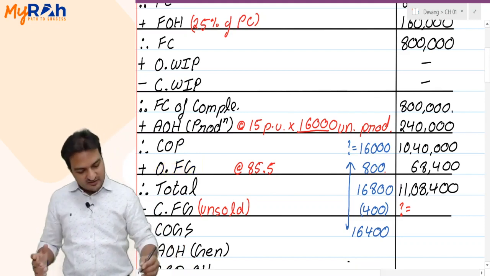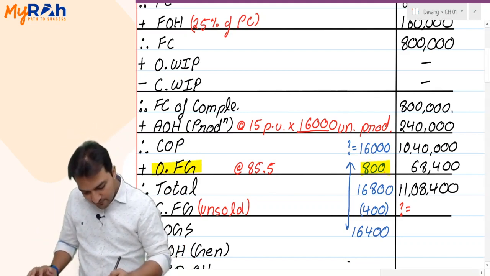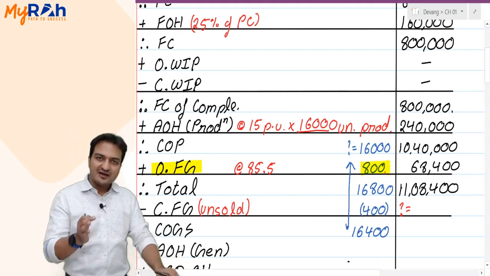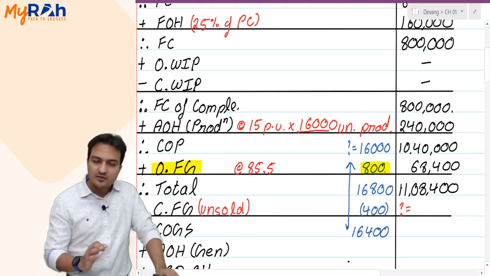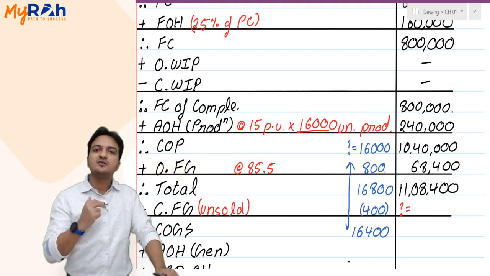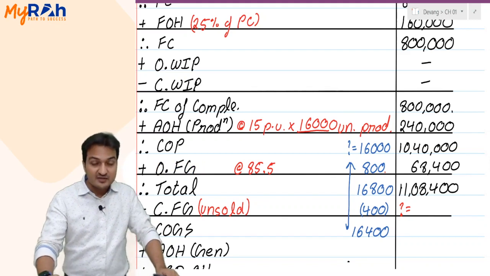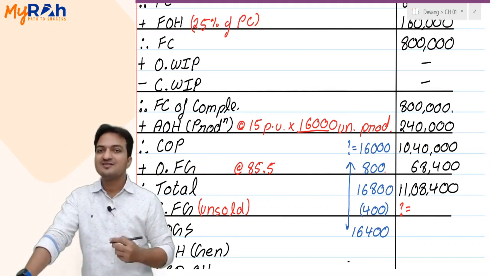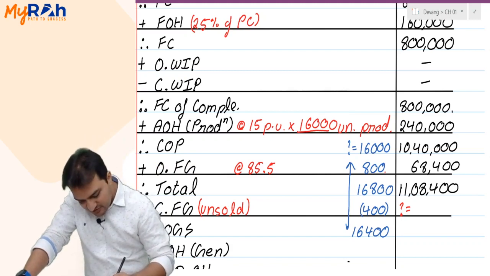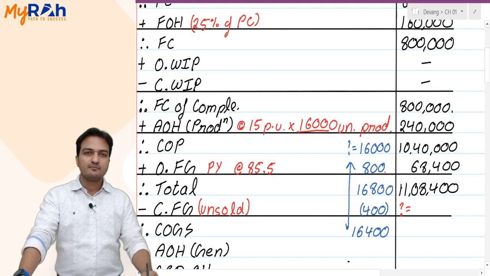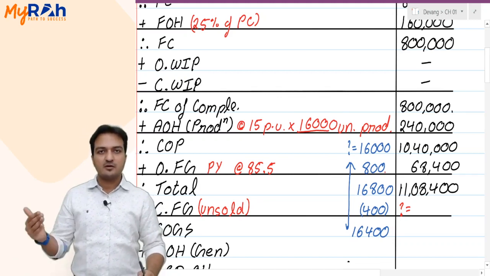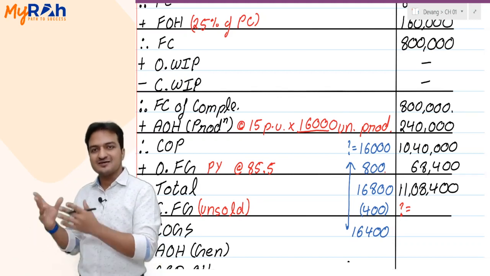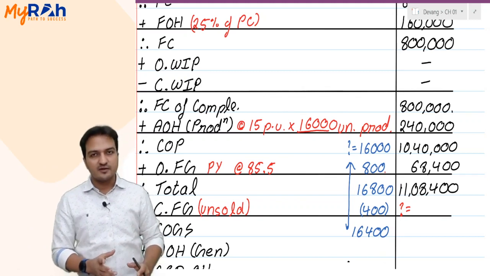But tell me, these 800 units opening FG, where did that come from? When were they produced? They were produced in the previous year, but they were not sold in the previous year. Hence, they come right now in the current year.